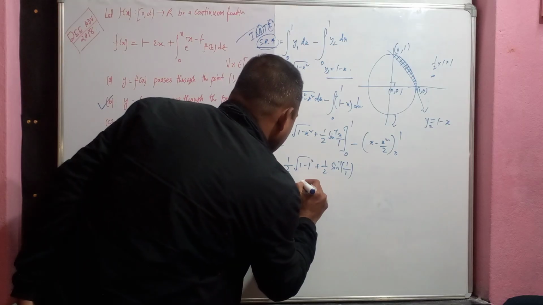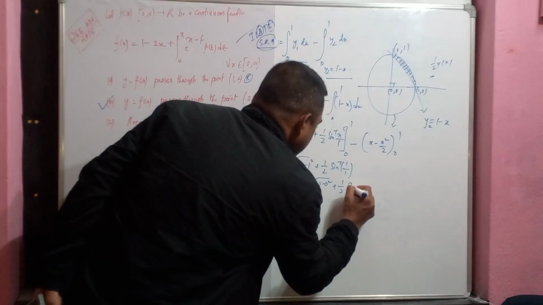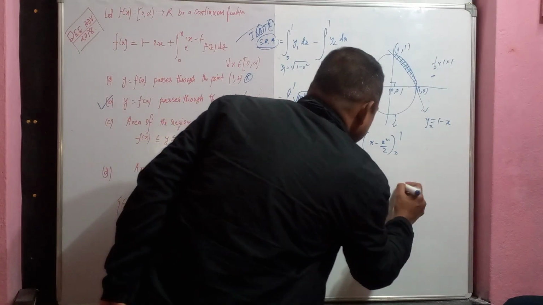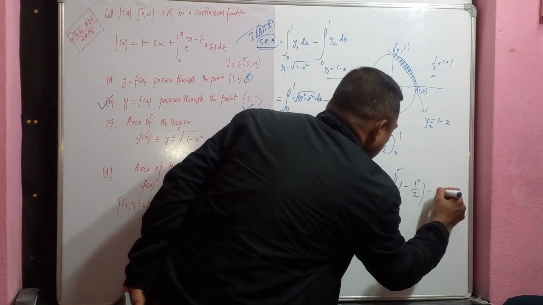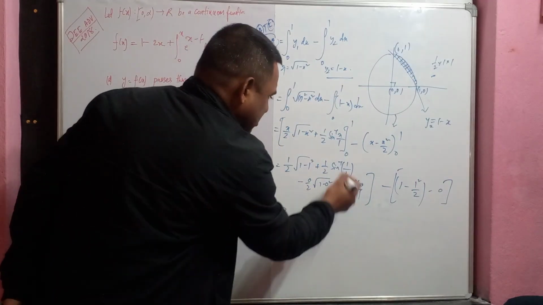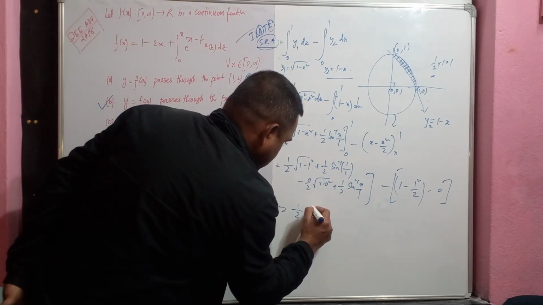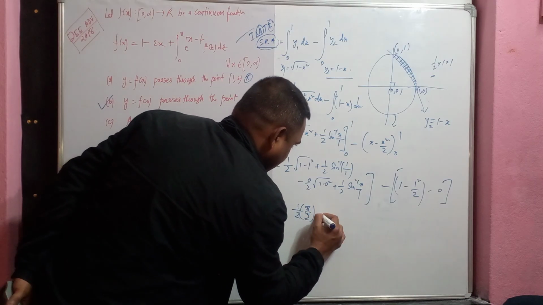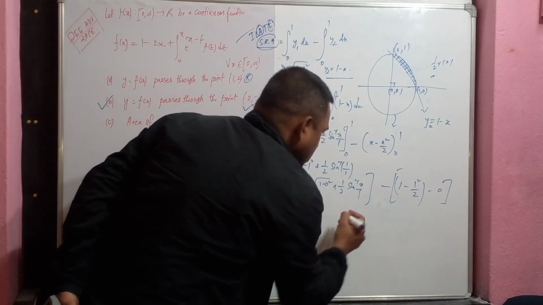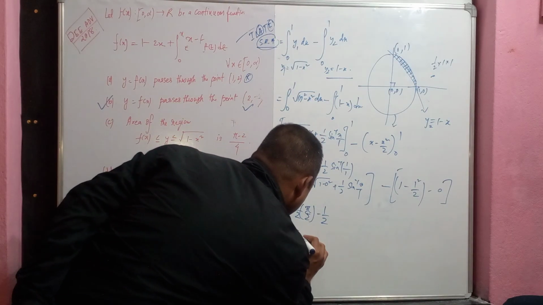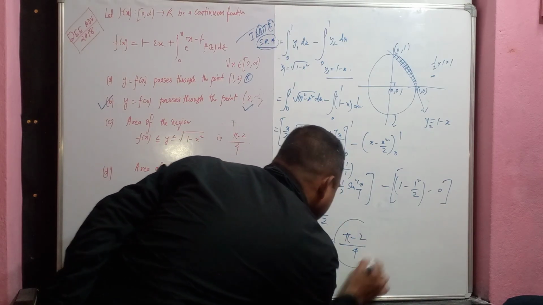Substituting 0, minus 0 by 2 root over 1 minus 0, sin inverse 0 by 1, okay, minus 1 minus 1 square by 2. That part will be 0 anyway, so this will only give 1 by 2 sin inverse 1, which is pi by 2, and minus 1 minus 1 by 2 is actually 1 by 2, so this is pi by 4 minus 1 by 2, so pi minus 2 by 4, this will be the answer.